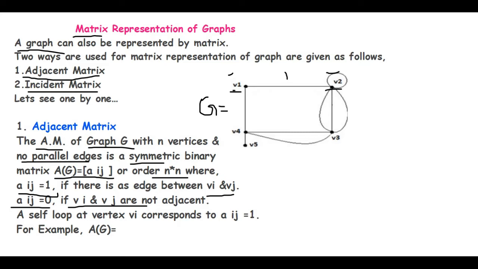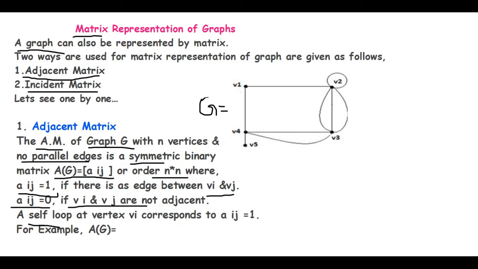But if they are not adjacent, like for example V1 and V3, that's V of i and V of j are not adjacent, there is no edge, so they're not adjacent, right? Since there are no lines meeting V1 and V3, A of ij will be 0. So let me show you how we can represent this using the matrix method.